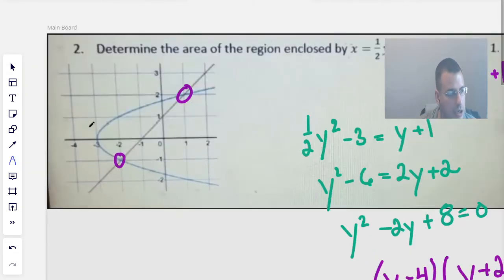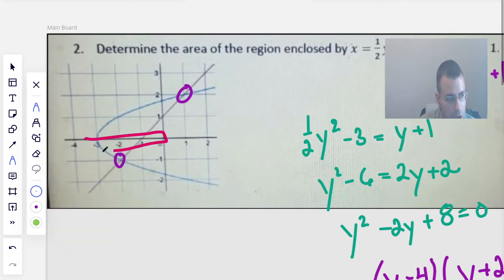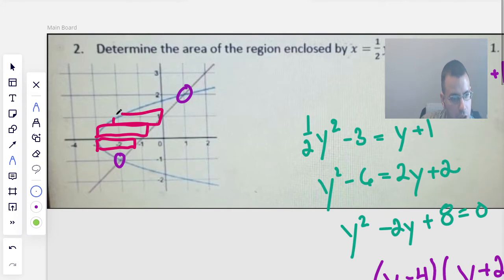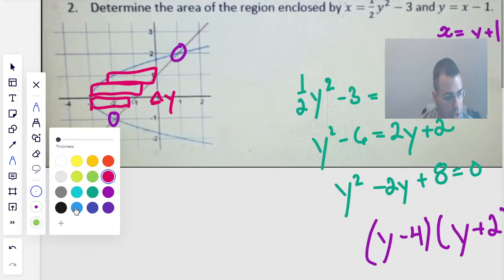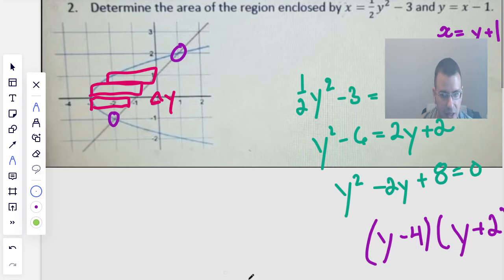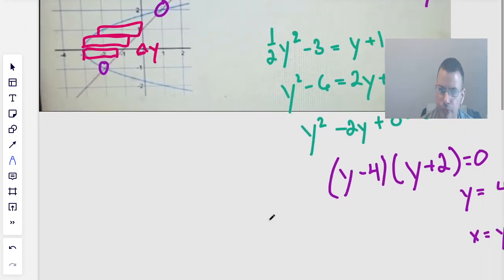What I'm going to do now is break it up into parts. We're going to find that spot and work our way up with rectangles, and the height of each of these rectangles is going to be delta y. Now we can do an integral.